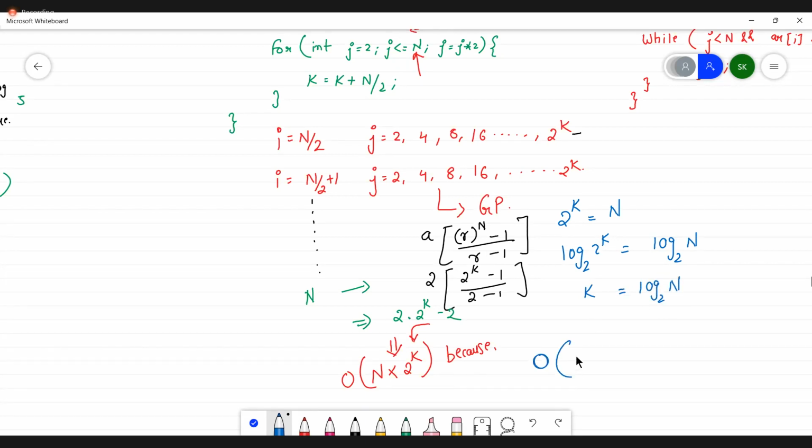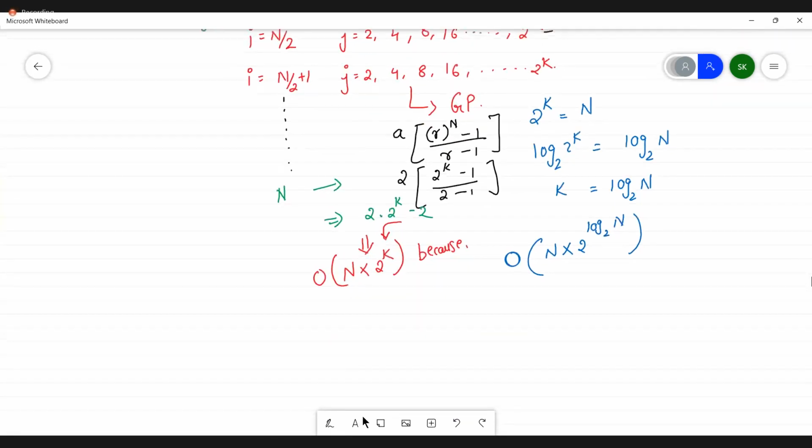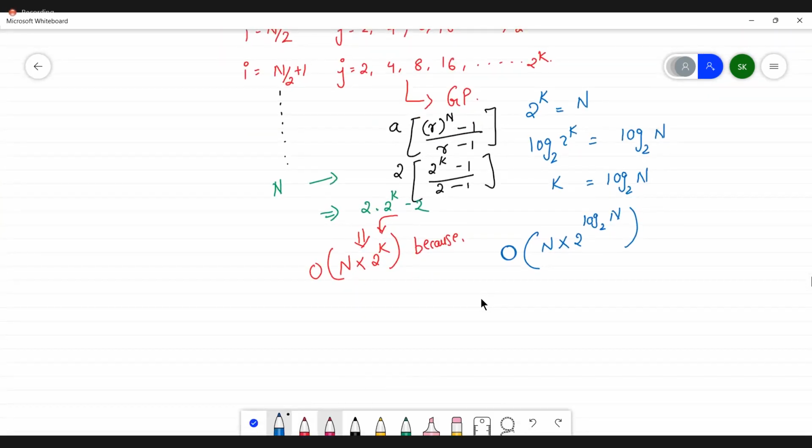It will become n into what is your k value? Log n, right? Everyone, are you able to follow this? So this will cancel out and overall it is going to come out as n into n, which is n square. Clear?